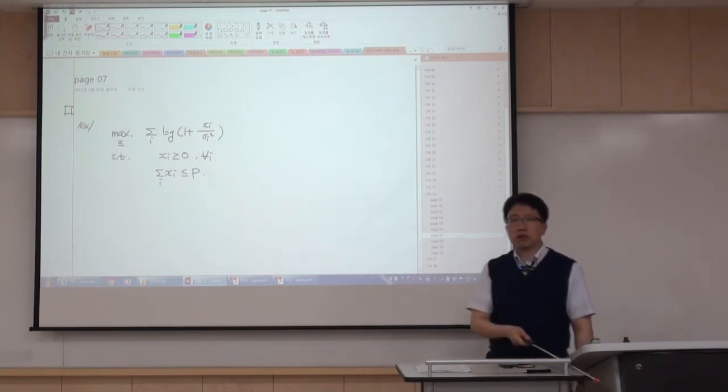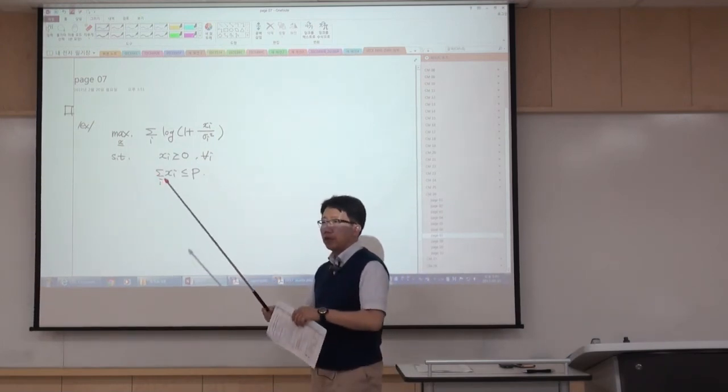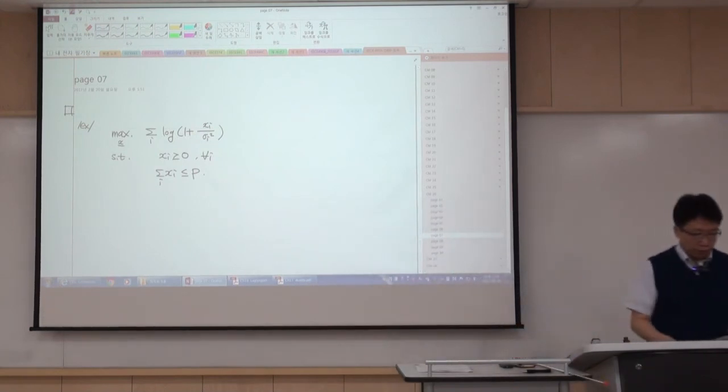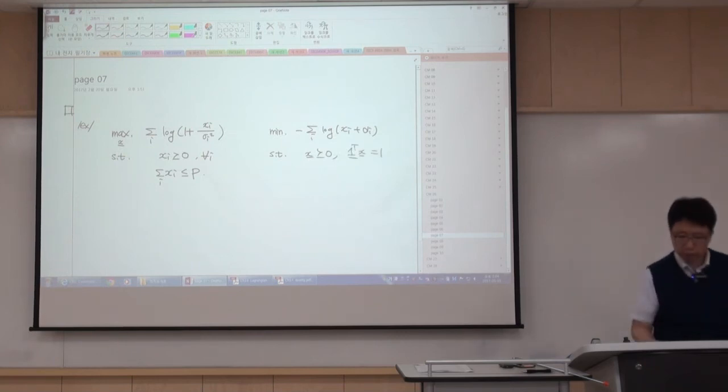Okay, so the original problem from information theory looks like this. But you may say, oh, wait a minute, the problem is different from the textbook. The textbook has this problem: minimize minus summation of log(xi plus alpha i), subject to x greater than or equal to 0 and 1 transpose x equals 1.